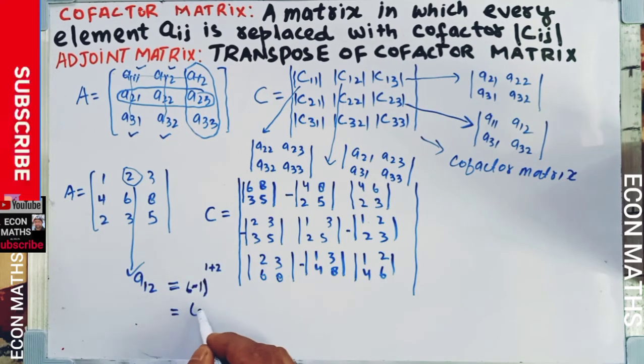Here this is minus 1 raised to power 3. Now minus 1 raised to an odd power gives us minus 1.